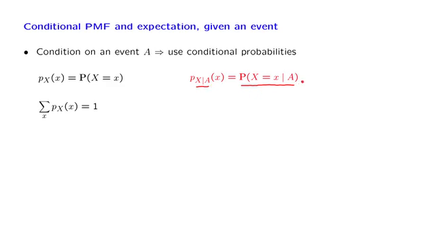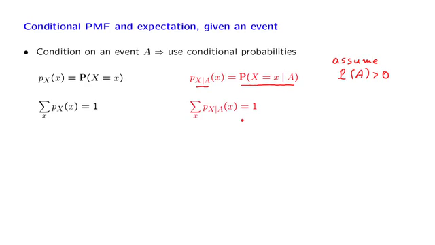Of course, for this conditional probability to be well defined, we will have to assume that the probability of A is positive. This conditional PMF is like an ordinary PMF, except that it applies to a new or revised conditional model. As such, its entries must also sum to 1.